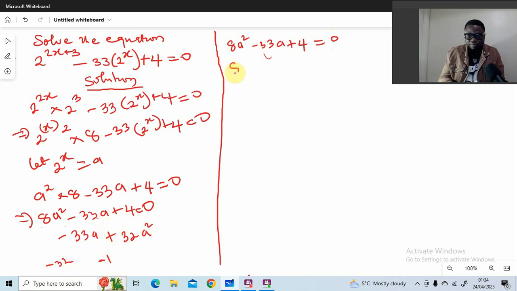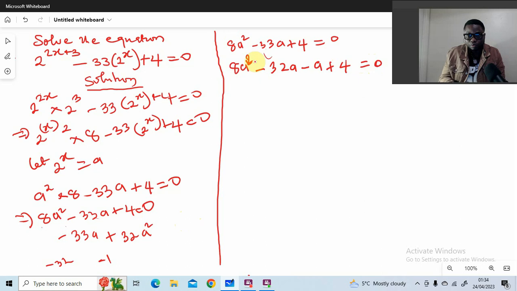That will give me 8a squared minus 32a minus a. Remember that minus 1 times a is minus a, okay, plus 4 is equal to 0.